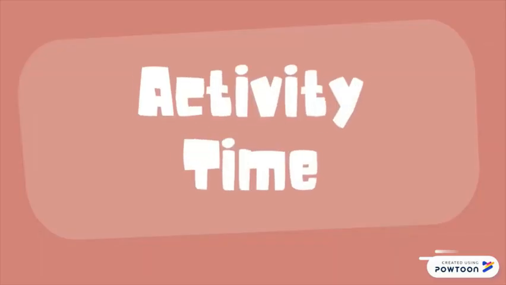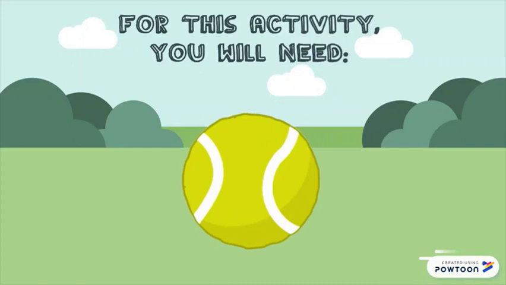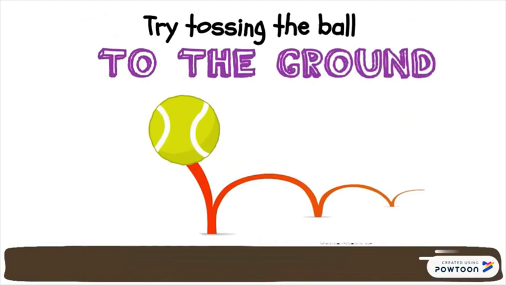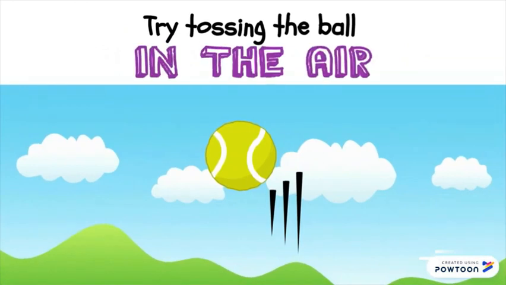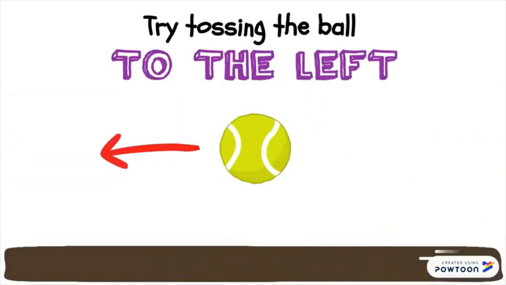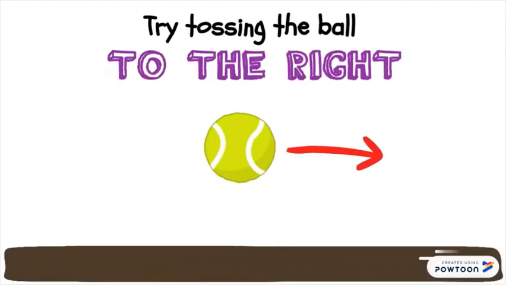Now, let's do a short activity. For this activity, you will need a tennis ball. First, try tossing the ball to the ground. Now, try tossing the ball in the air. Then, try tossing the ball to the left. Lastly, try tossing the ball to the right.